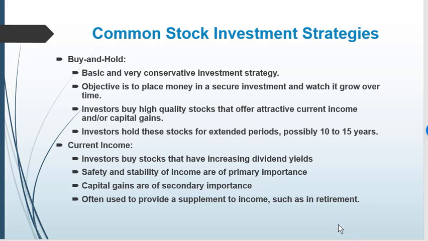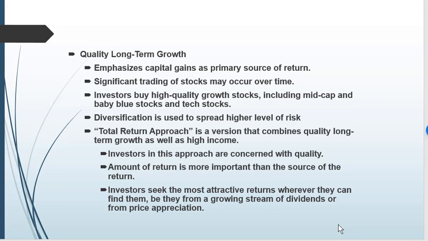If you're looking for current income, you're obviously looking for companies that have a history of strong dividend yields. These are typically, we're looking for some safety and some stability of this income. So you're looking for some trend in the company's history that lends it to the idea that it will continue with this dividend payment.